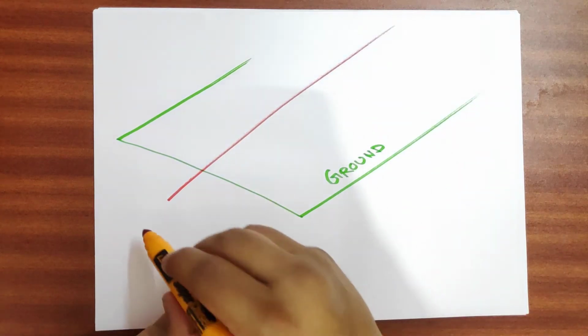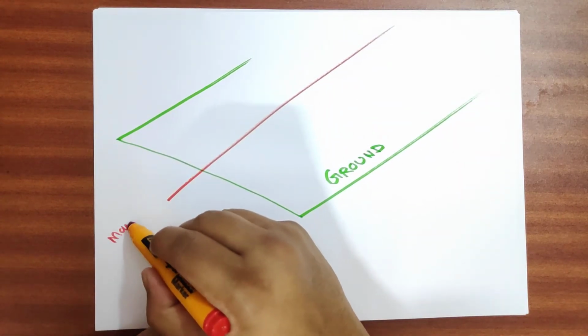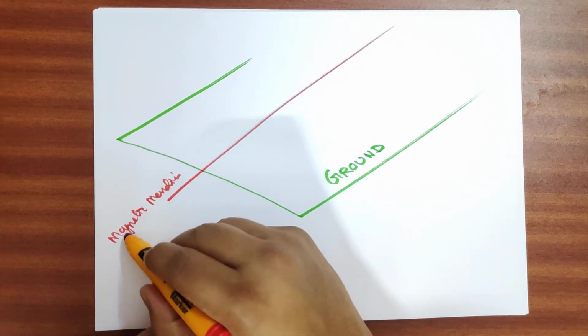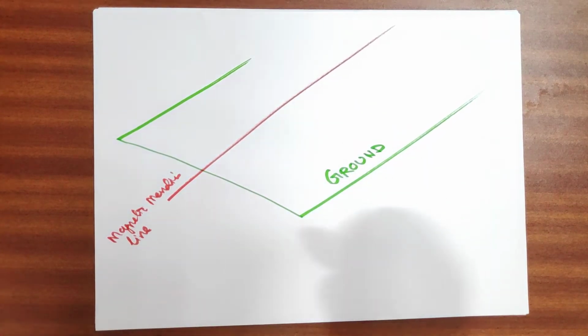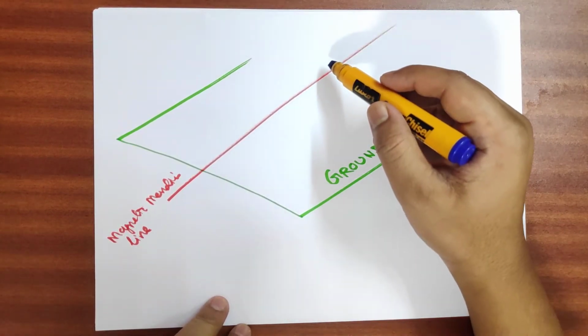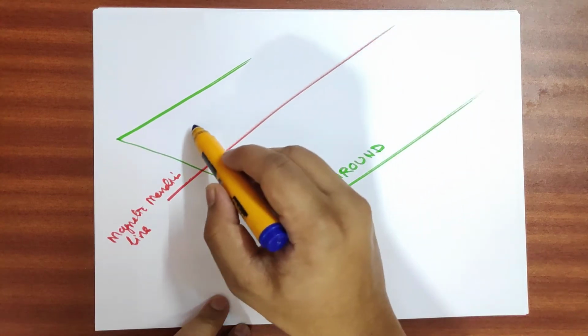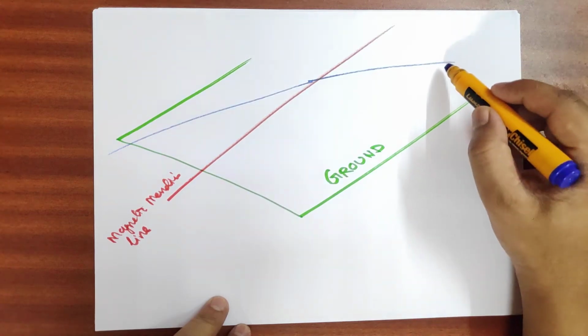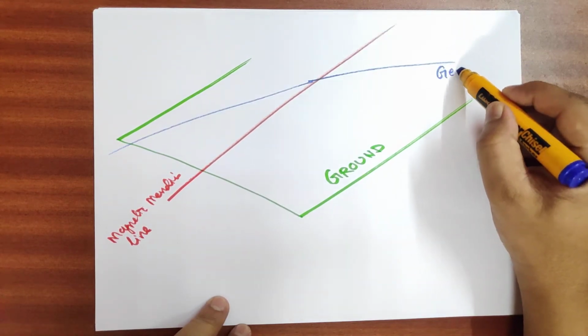At a certain location, this is the magnetic meridian line, the red one for magnetic, and this one is a geographic meridian line.